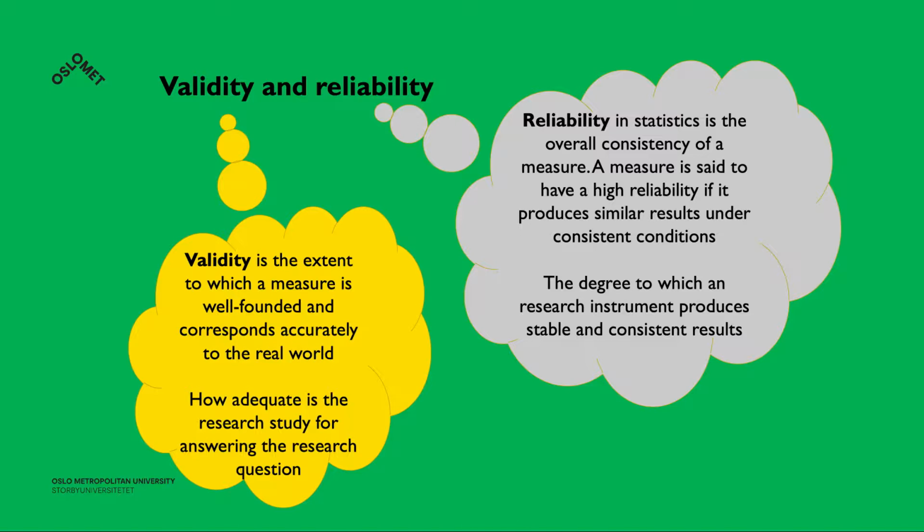Or are we measuring something different? Are we really measuring the same thing every time we use these measures? So that's consistency and a question about reliability, whereas validity is a question about if we are really measuring what we want to measure.